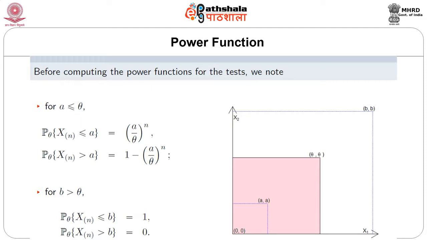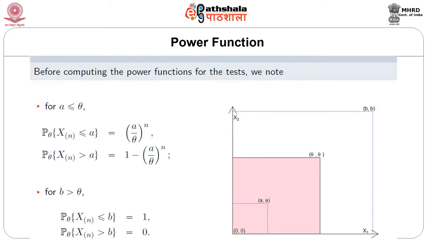And if b is greater than theta, then the probability that x order n is less than or equal to b is 1. Why is this 1? Because x order n less than or equal to theta has probability 1, and the probability that it is greater than theta is 0.